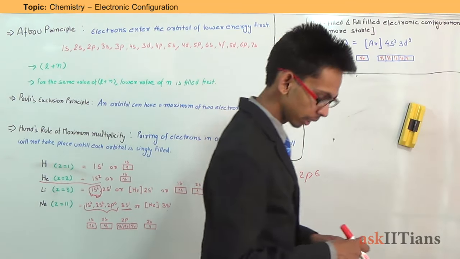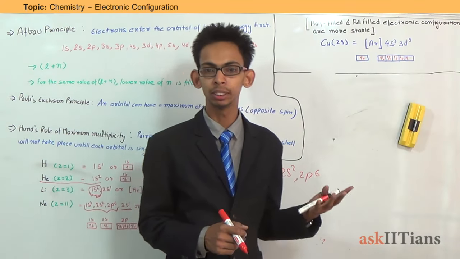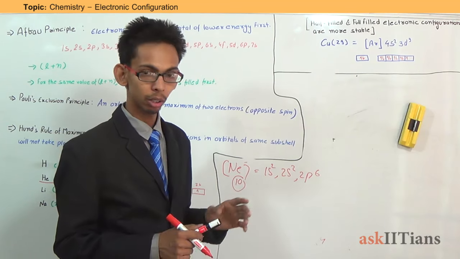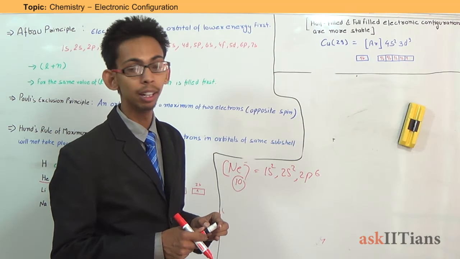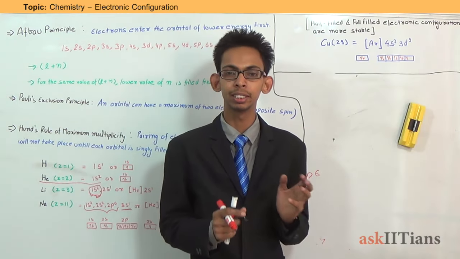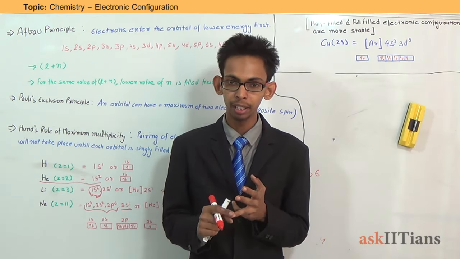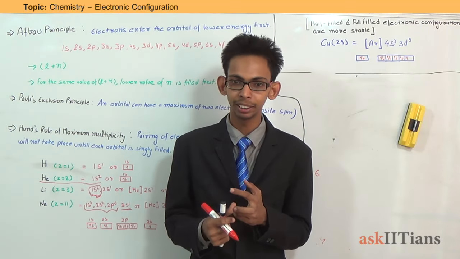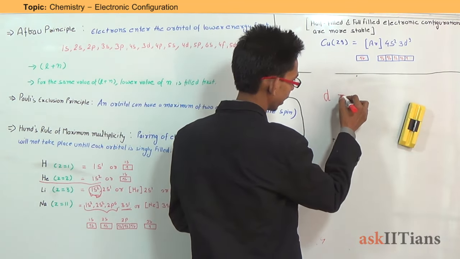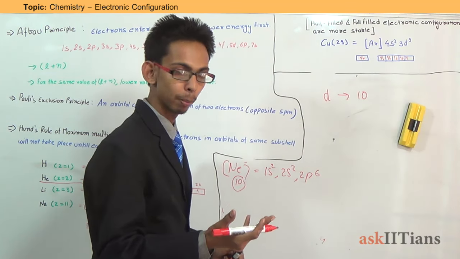Now, there are some exceptions also. There is another principle according to which half filled and fully filled orbitals are more stable. There are 3 types of orbitals: one is fully filled, another is half filled, and another is partially filled. We know that a d orbital can have a maximum of 10 electrons because it has 5 orbitals.